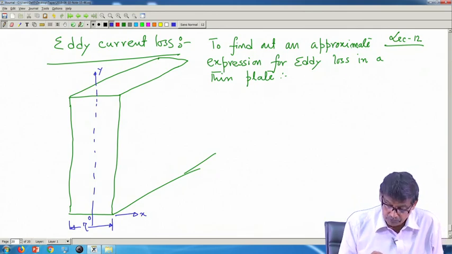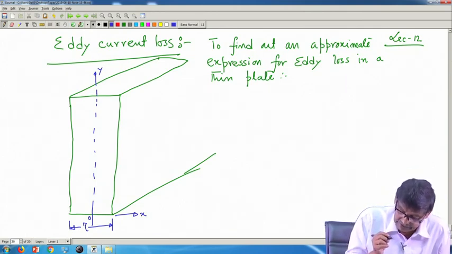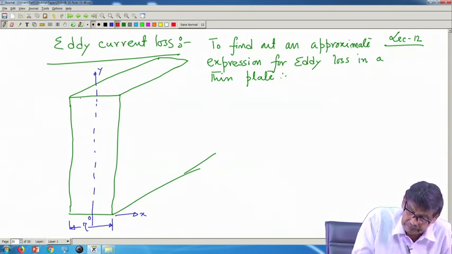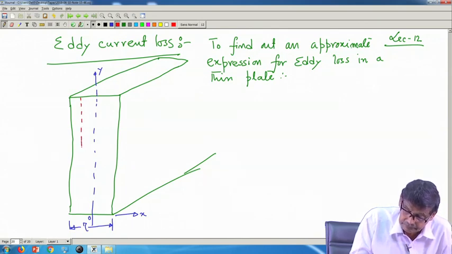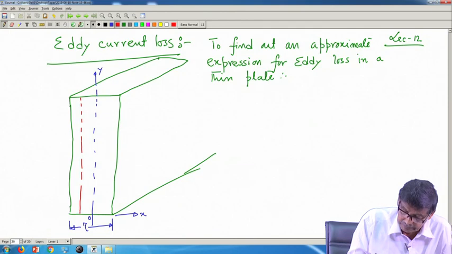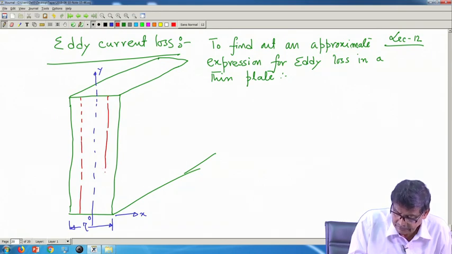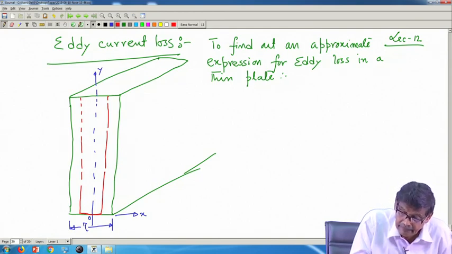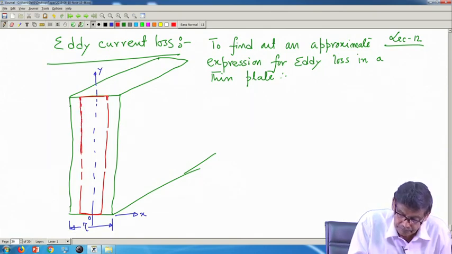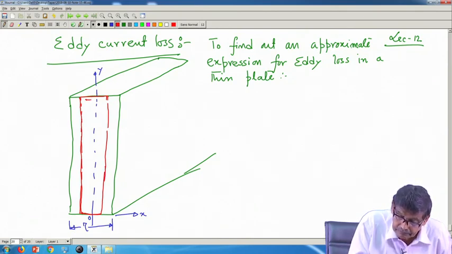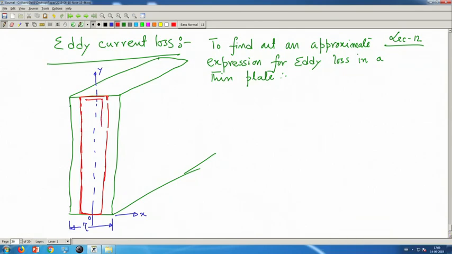To find that out, what I will do is this: I will consider at a distance x from the origin a loop like this, got the point. Let me complete, then I will explain.